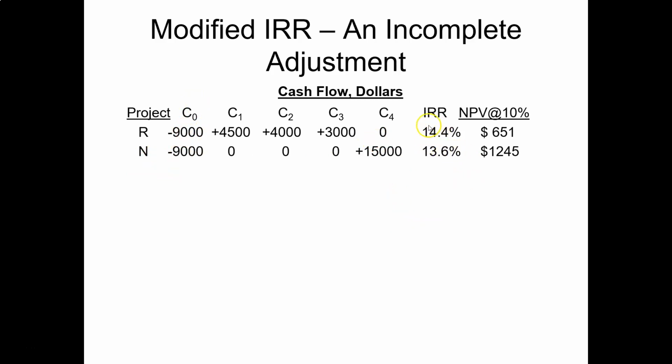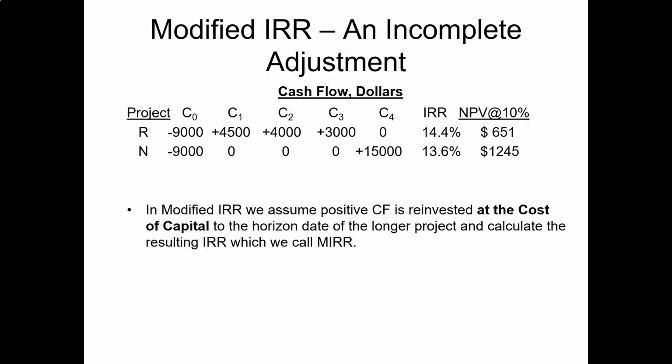If we calculate the internal rate of return, project R has a higher internal rate of return but lower net present value given the opportunity cost of capital at 10%. Now if we calculate the modified internal rate of return, that is to say we reinvest these positive cash flows at the cost of capital until the end of the project.